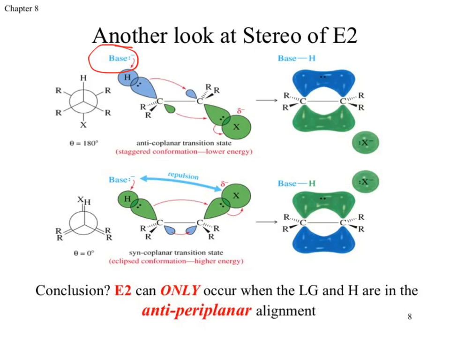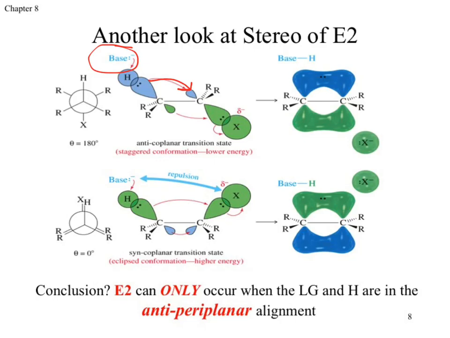So there isn't this steric repulsion, and we can also see the electrons coming out of the hydrogen bond and forming that pi bond, okay, to get that proper overlap.